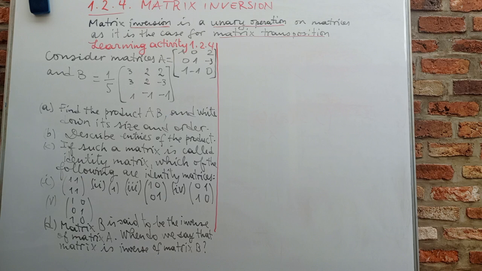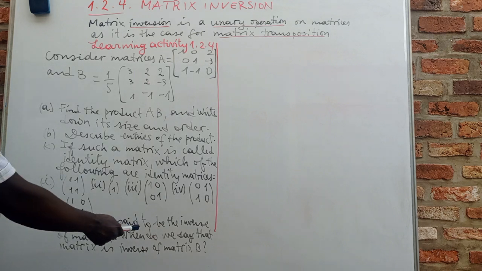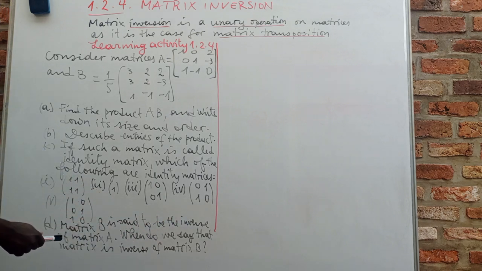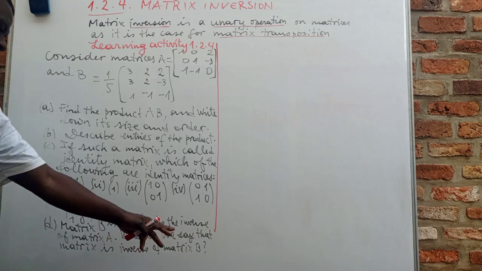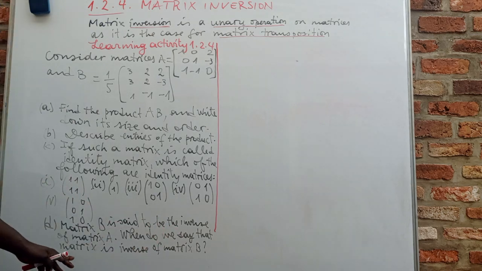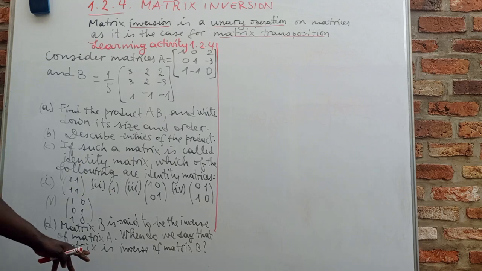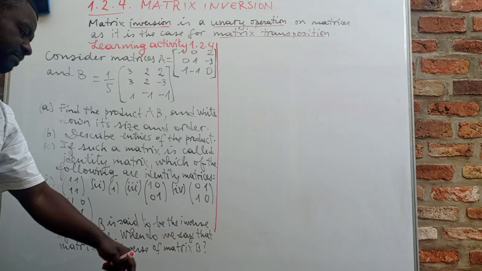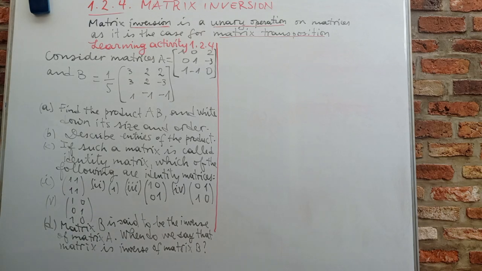Sub-question D: matrix B is said to be the inverse of matrix A. Okay, now when do we say that a matrix is the inverse of another matrix? Suppose B. Now this is the activity.